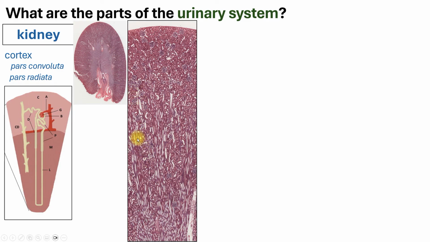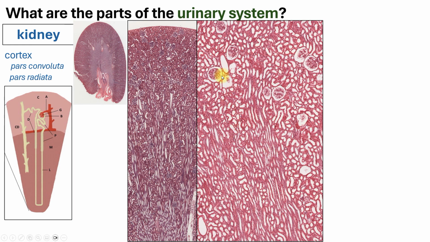This will be your pars convoluta as well, while some parts would register the straight parts, the collecting duct, as well as the initial parts of the thick descending and ascending parts. So it will be this part.